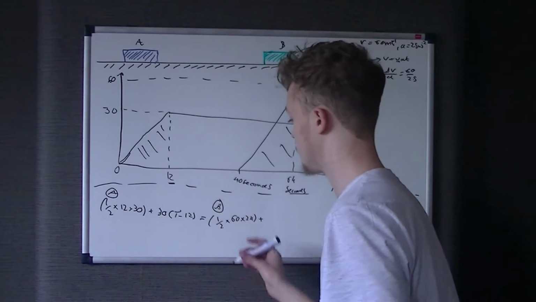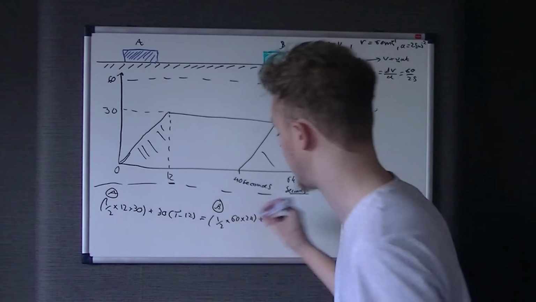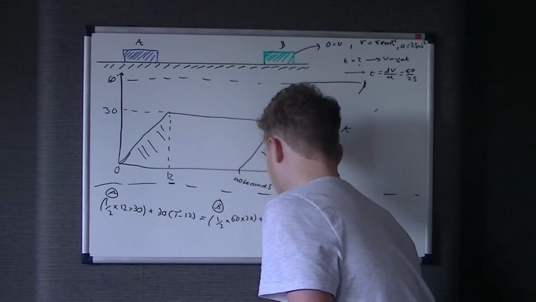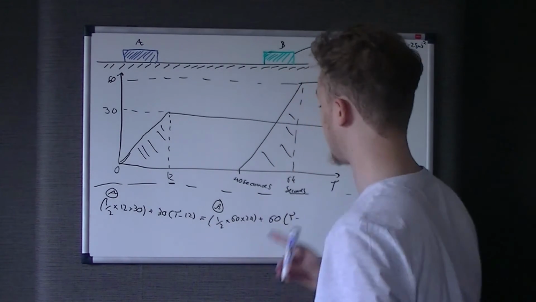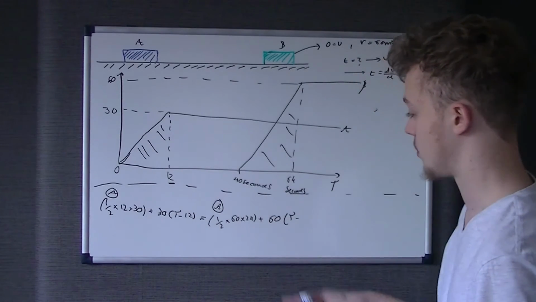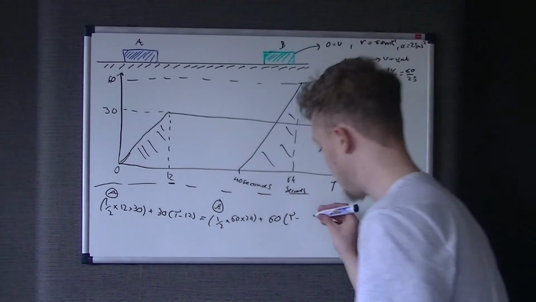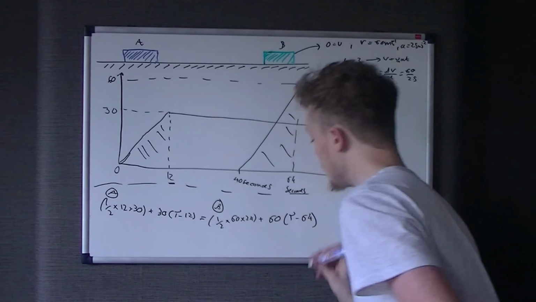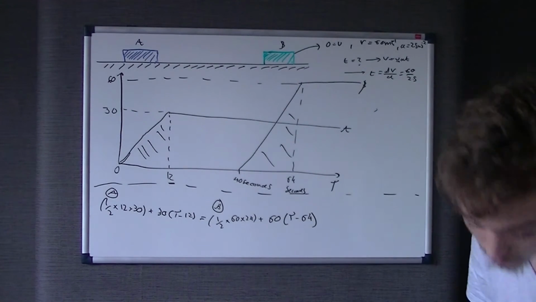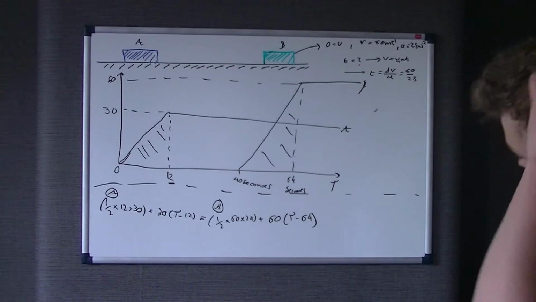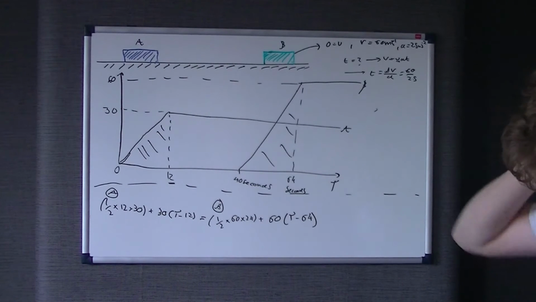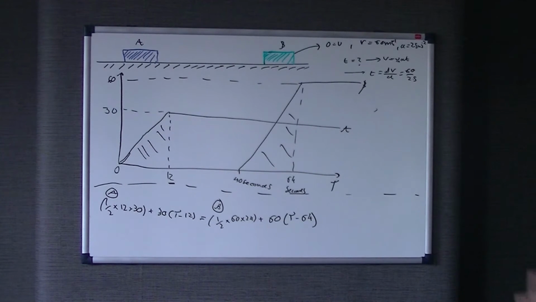We do the same principle, except we're not travelling at 30 meters per second, we're travelling at 60, and it's not t take 12, because obviously that would be over here, it's t take 64. Okay, so make sure it's right. And then what you do is you expand, you find out the individual values of these.